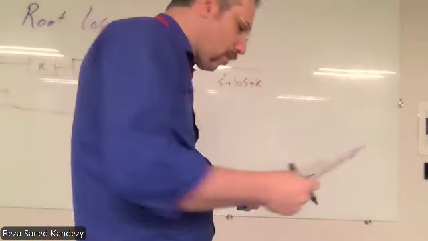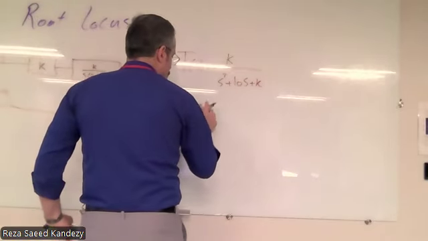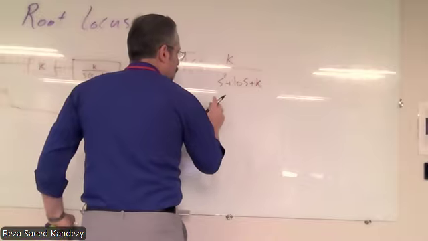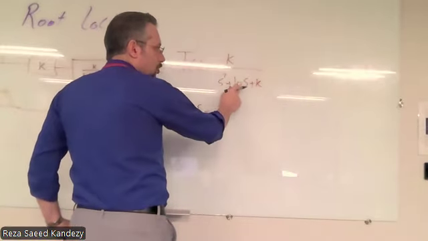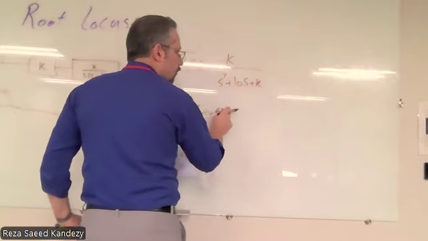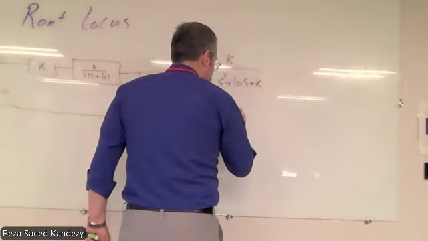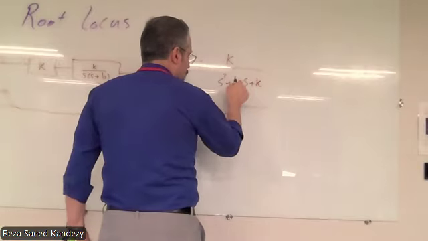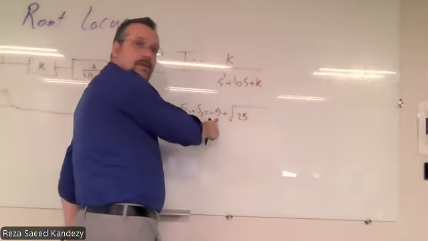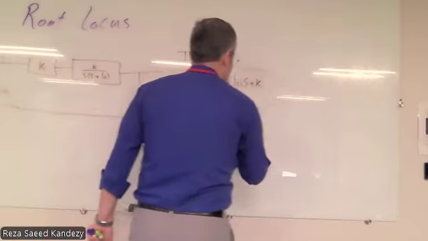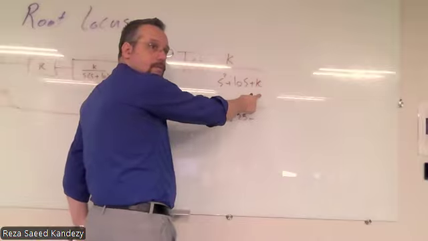Well, we know how to write it. s1 and s2 were minus alpha, which is half of this value, minus 5, plus or minus, you remember that, right, the square root of alpha squared, which is 25, minus omega n squared, which is whatever we have here.